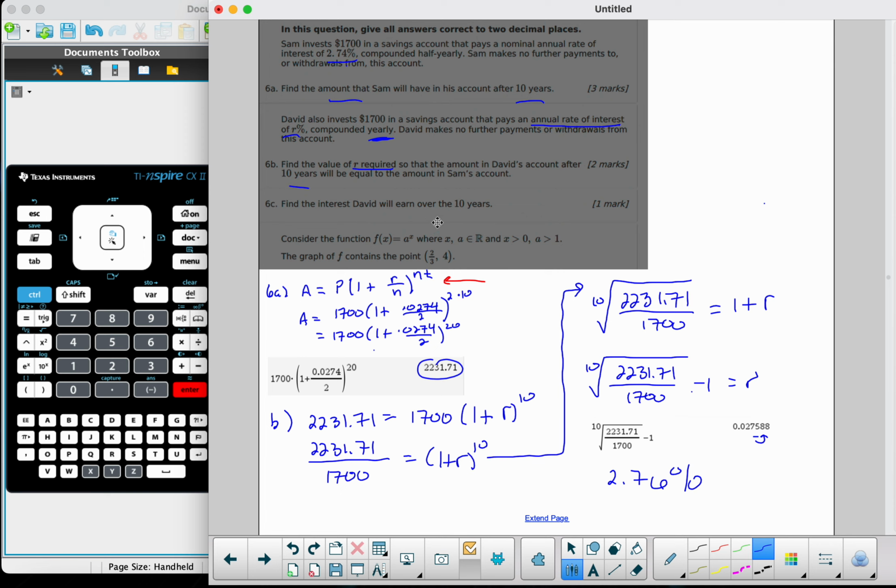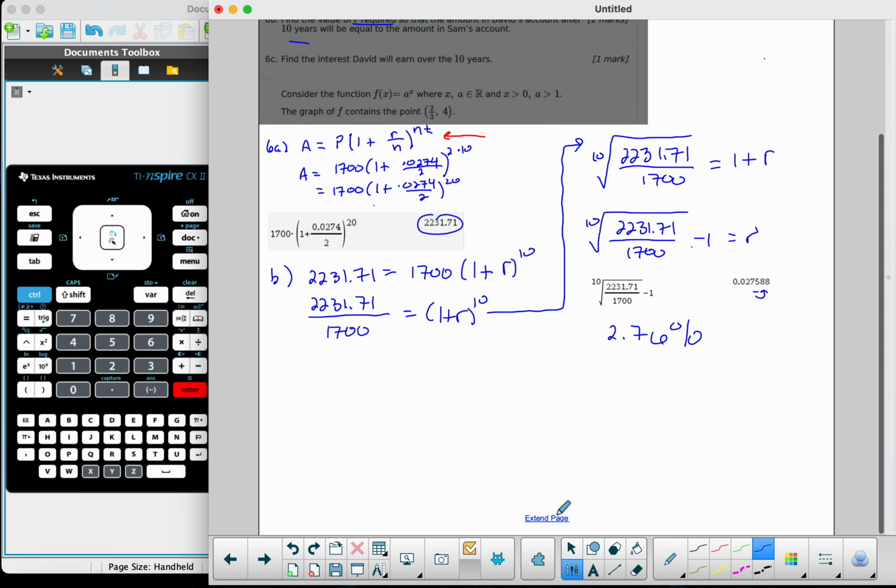Okay, and now 6C. Find the interest David will earn over the 10 years. That means we're going to have to calculate the amount David is going to have after 10 years and compare that to the original investment.